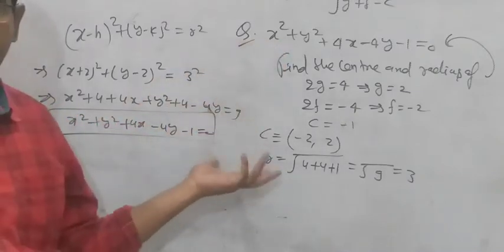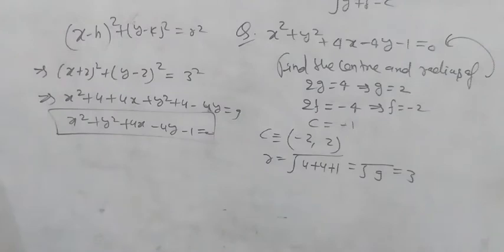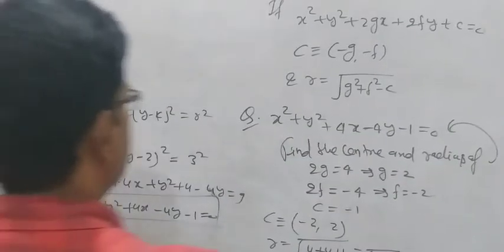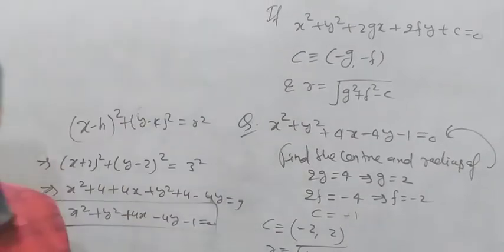You can check also if any question is given. Understood? Then we have two main equations of circle. X minus h whole square plus y minus k whole square is equal to r square. And if x square plus y square plus 2gx plus 2fy plus c is equal to 0, then we can use this formula for this question.